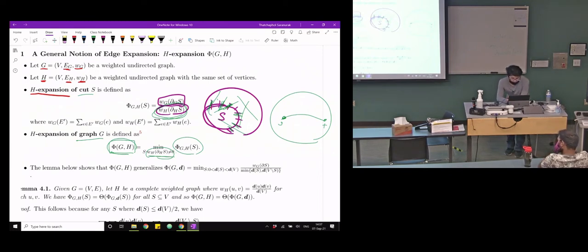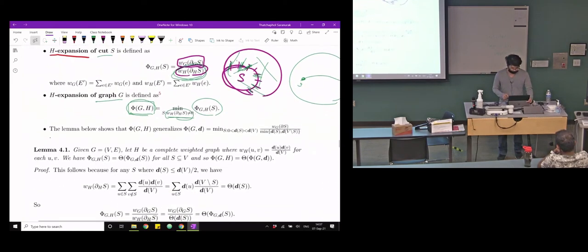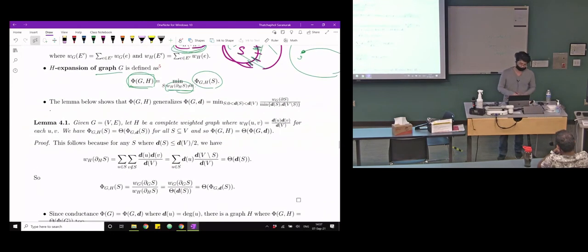But H can be something else, like it can be a complete graph, for example, or something else. Do you guys remember this notion of D expansion that I defined last time? It's a generalization of conductance, right?